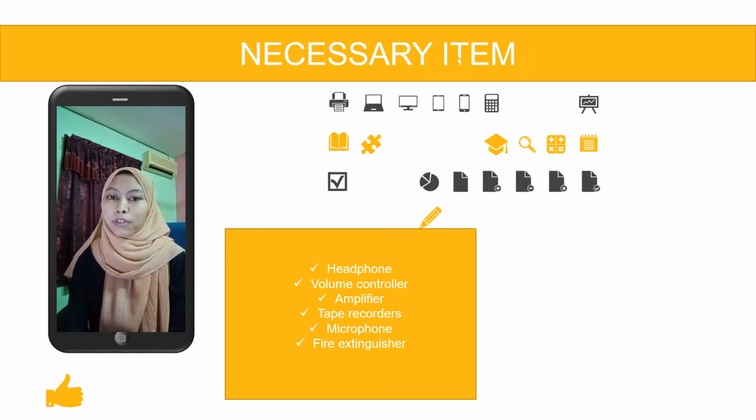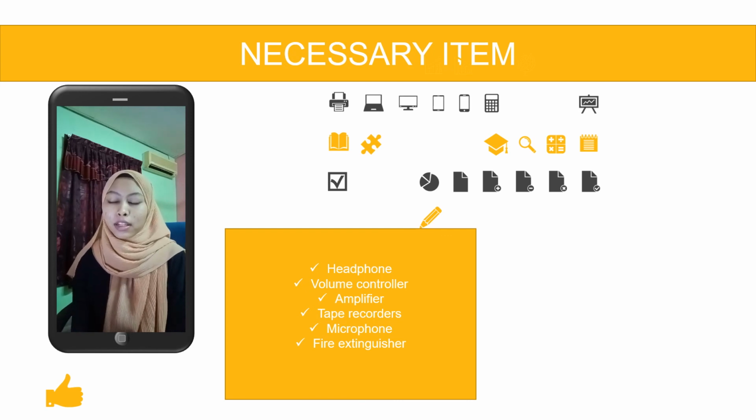Electronic amplifier is an electronic device that can increase the power of a signal. The amplifier is a must-have to make sure the audio is good to conduct a class.